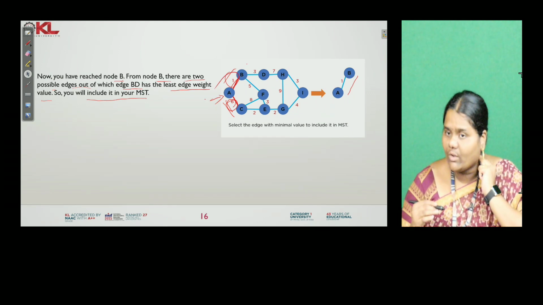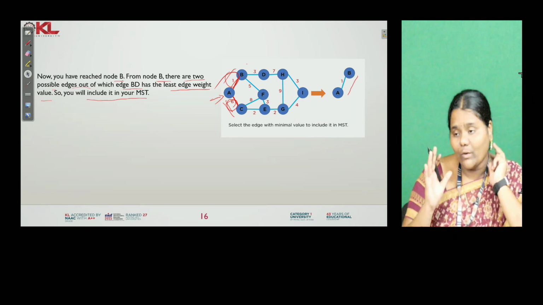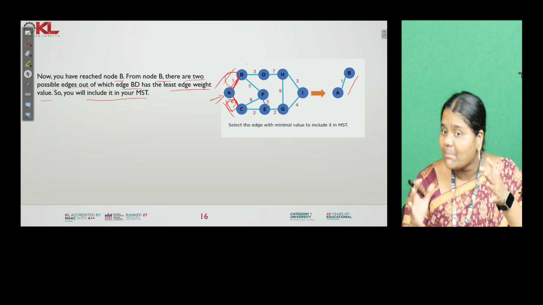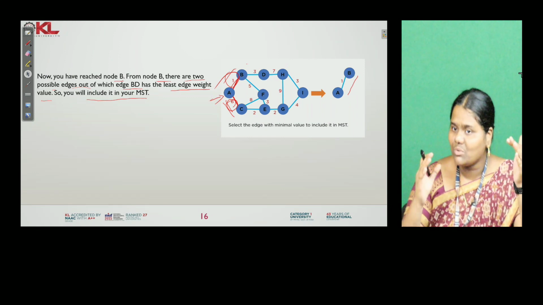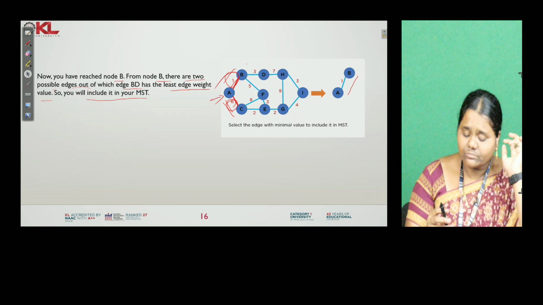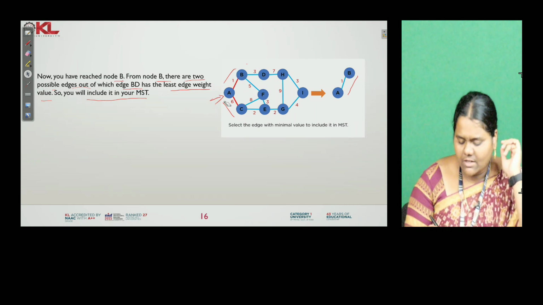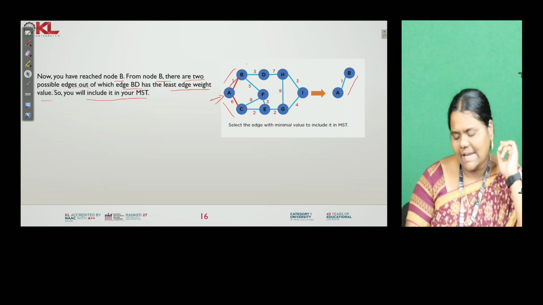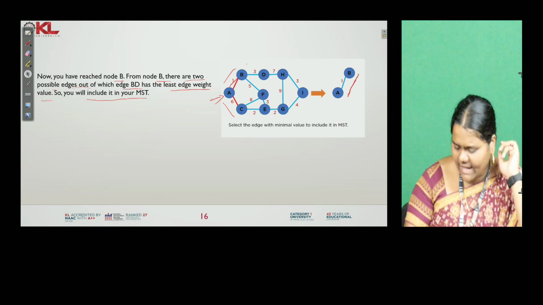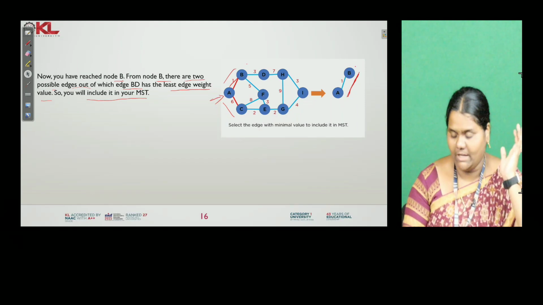So whenever we want to select an adjacent edge, we have to check which edge has the minimum weighted value, and we have to select that particular edge only. Here the minimum cost value is 1, so we select adjacent vertex B. So here we choose A to B.